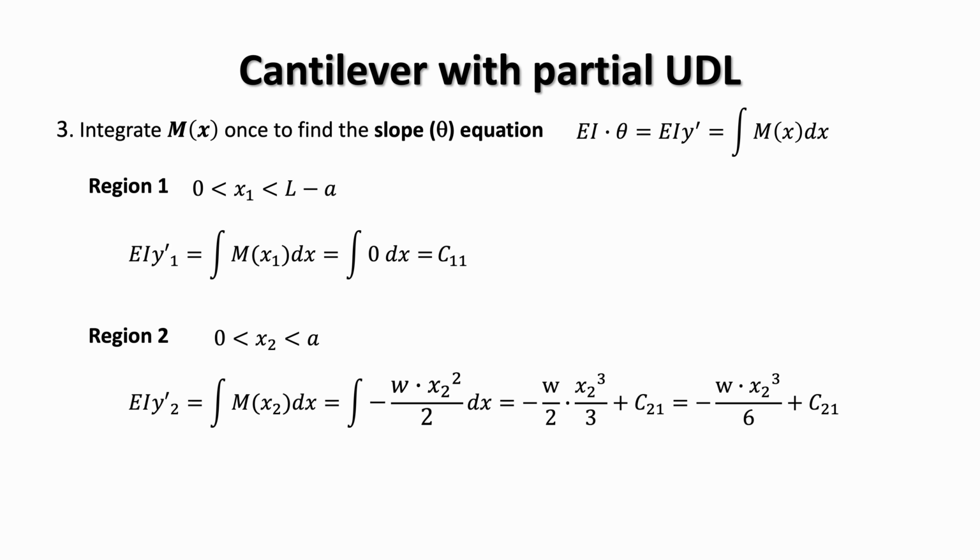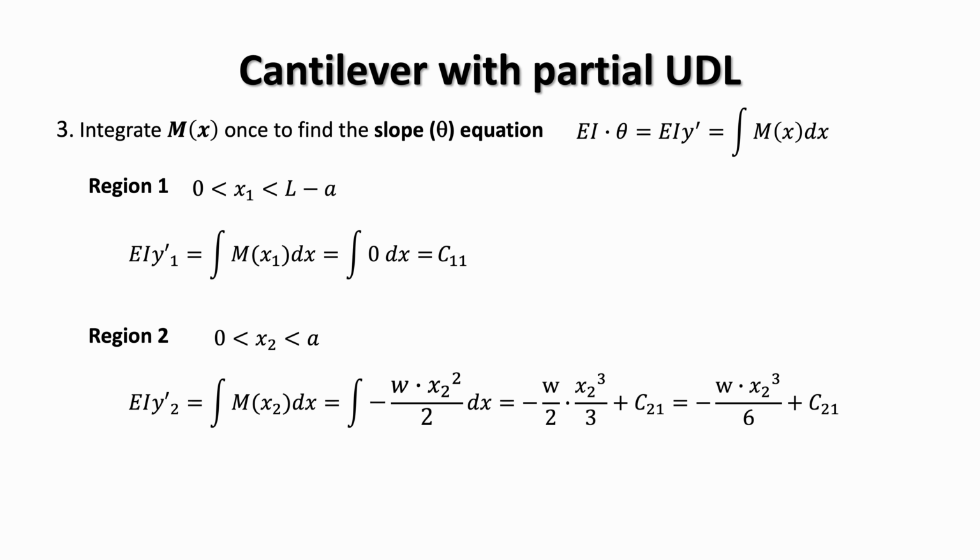For region 2, where x2 is between 0 and a, we have a moment of minus Wx2 squared over 2, and integrating once gives us minus Wx2 cubed over 6 plus the constant of integration C21.